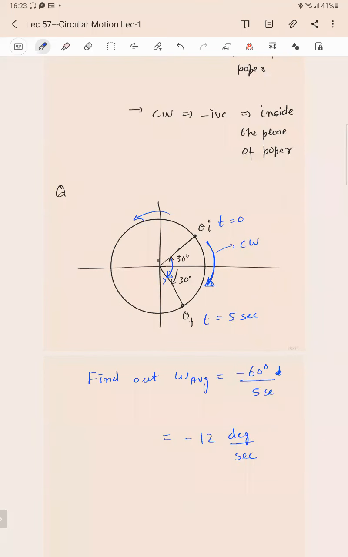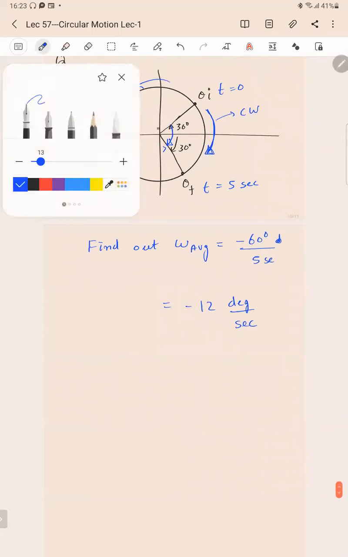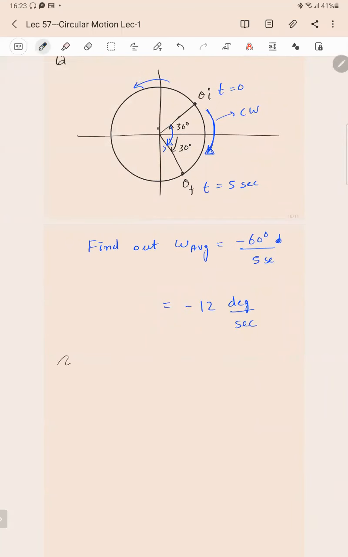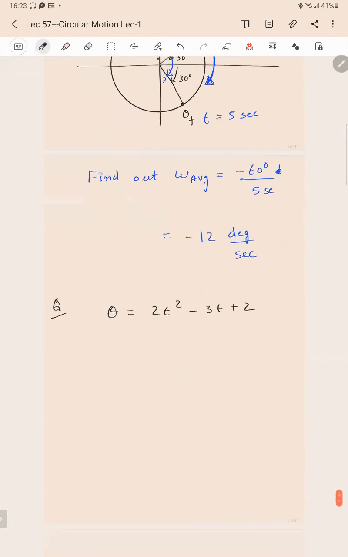Yes, sir. Okay, one more question. Do this question. It is given to me as theta equals 2t square minus 3t plus 2. There are two parts to this question.